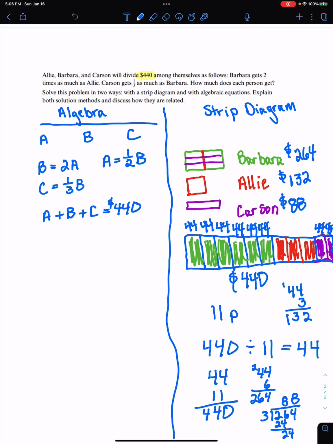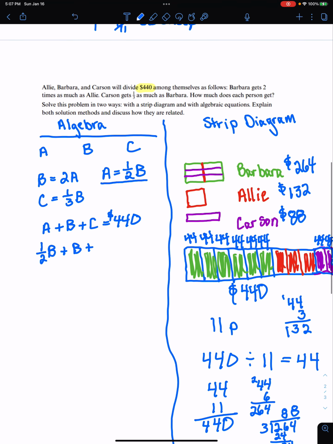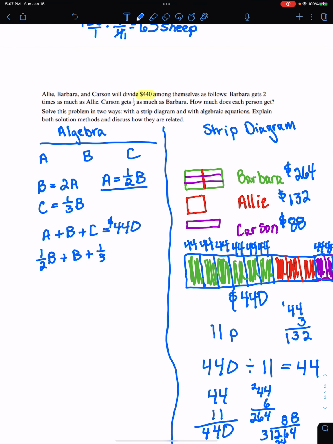So now we have to get our algebra equation to be all one variable so that we can solve it, right? So we can substitute A is 1/2 of Barbara plus Carson is 1/3 of Barbara. And that all has to be $440.